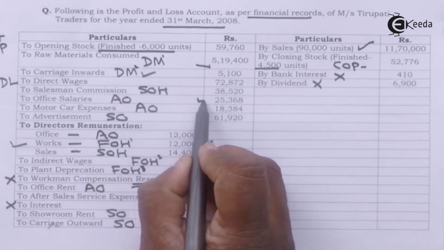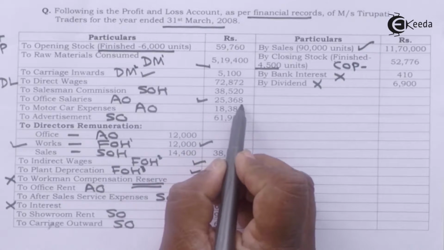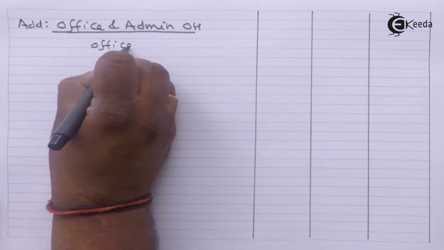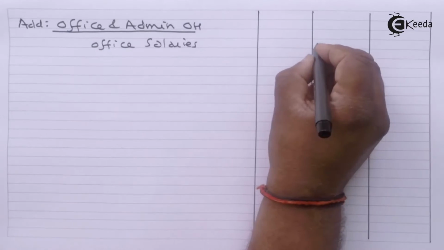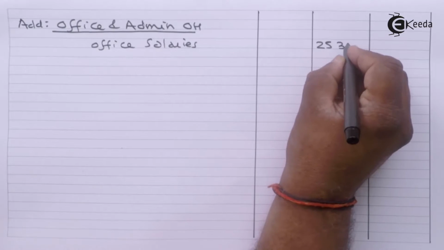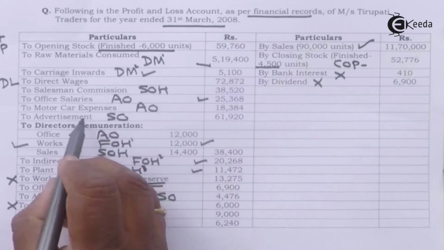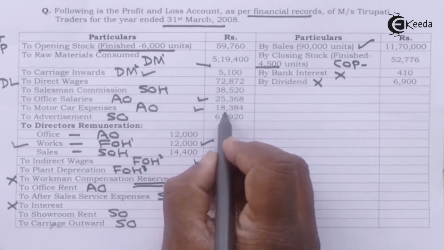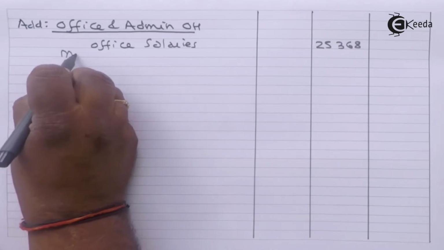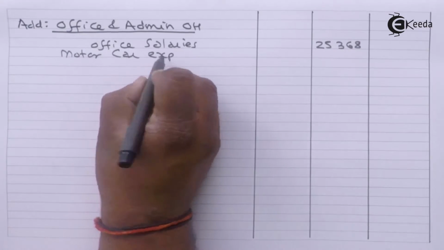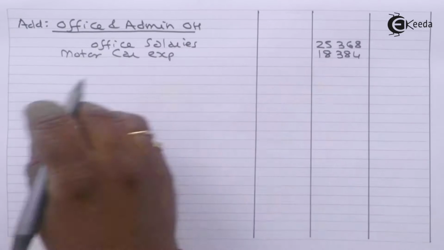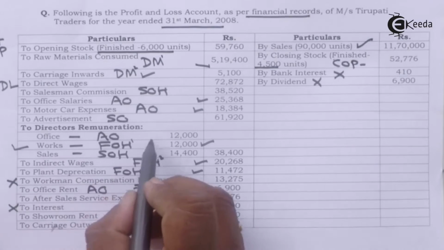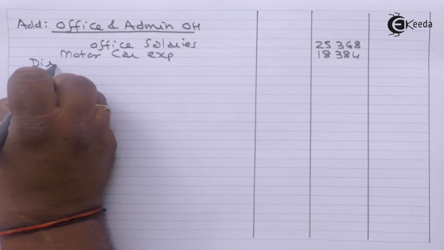Office salaries 25,368. Motor car expenses 18,384. Directors remuneration of office 12,000.